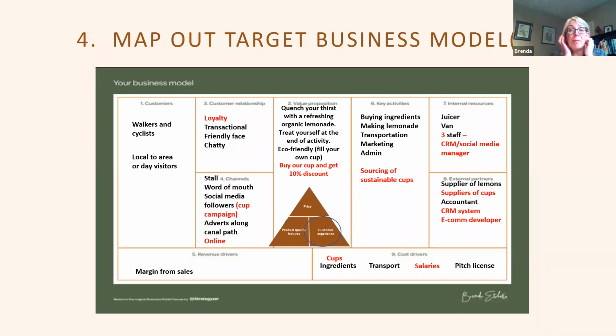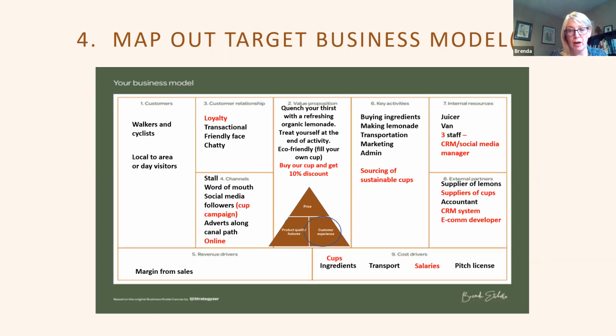So when we come to map out the target business models, which is really where we're going to start driving our planning, I've just come up with two little scenarios here for our little lemon stall. Because we're eco-friendly and people bring their own cup, sometimes they haven't got a cup with them, therefore they can't buy my lemonade. So we're going to start producing and selling our own cups as well.